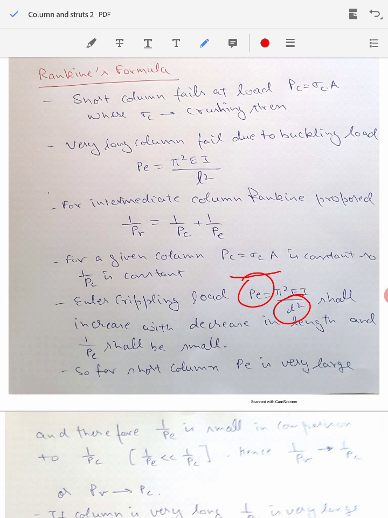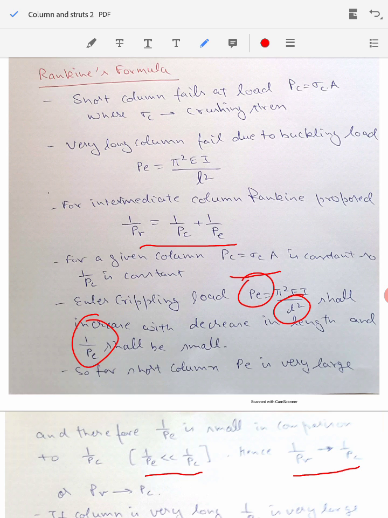The smaller and smaller the value of the length of the column, the higher the value of PE you are going to get, and in that case 1 upon PE shall be getting smaller, because PE is getting larger, so 1 upon PE will be smaller. So if 1 by PE is very small in comparison to 1 by PC, I can safely say from this formula that 1 by PR will tend to 1 by PC.